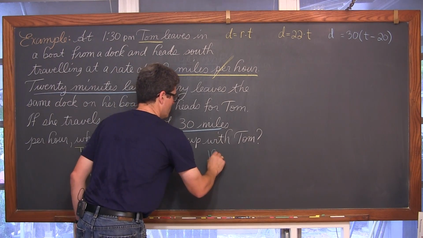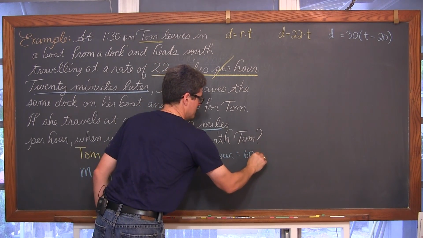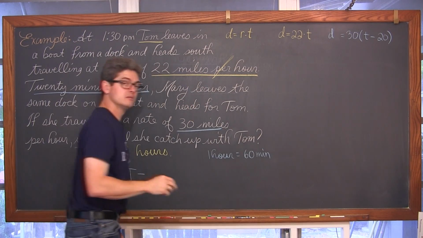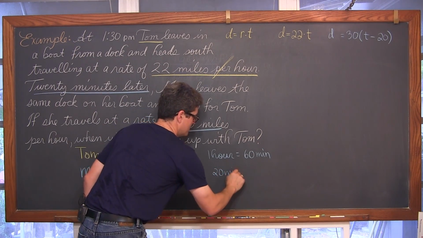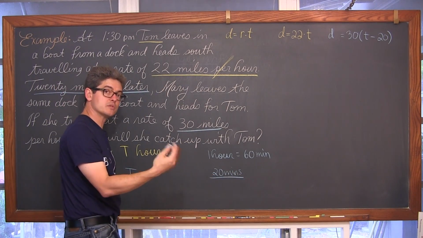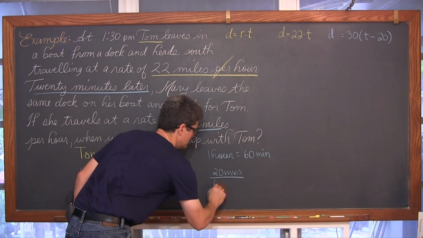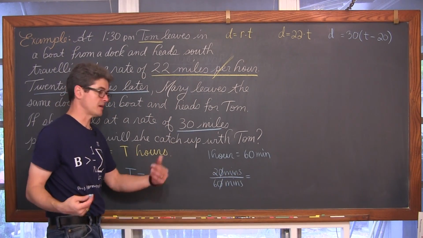Well, 1 hour is equal to 60 minutes. So 20 minutes is going to be some part of the 60 minutes, which makes up the entire hour. Those both end in 0, and 20 over 60 reduces down to 1/3.